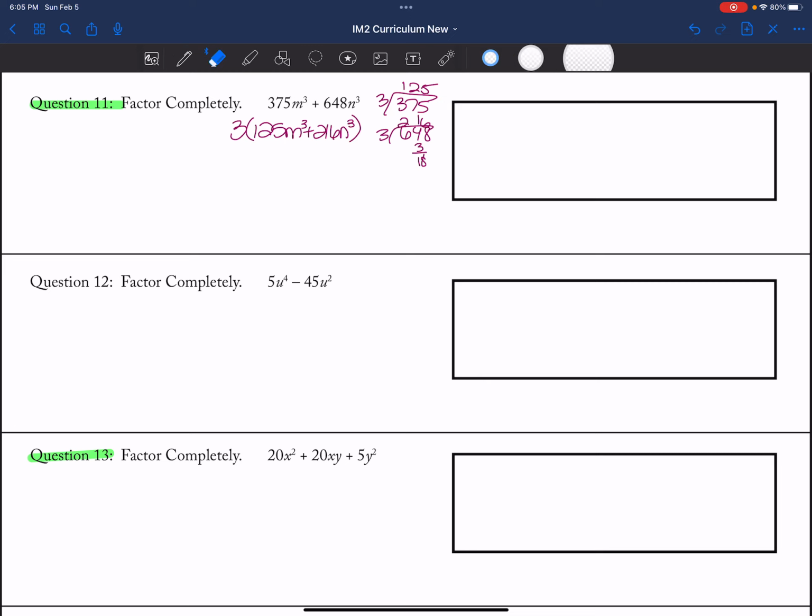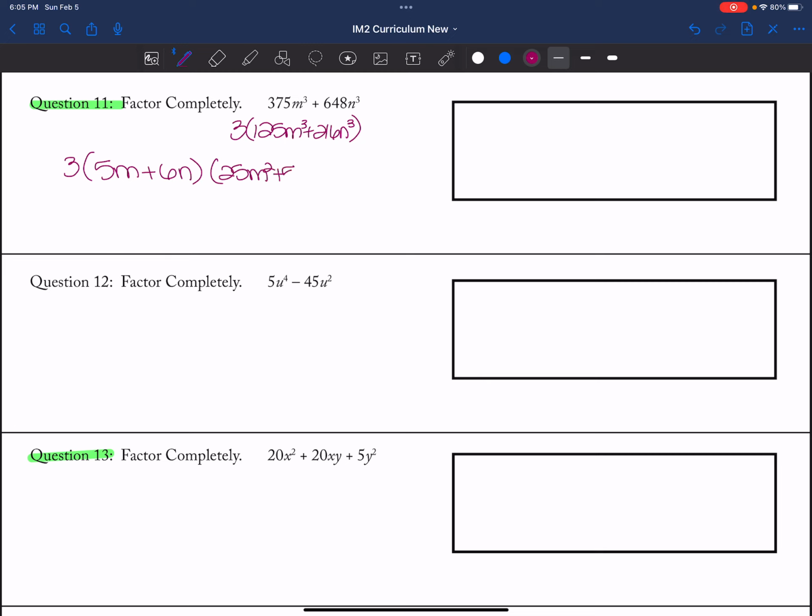Okay, so then that's a 6. So then the perfect cube factoring is a 3. So 3 times (5m plus 6n), and then (25m squared plus 5m times 6n plus 36n squared). So 3(5m plus 6n)(25m squared plus 30mn plus 36n squared).